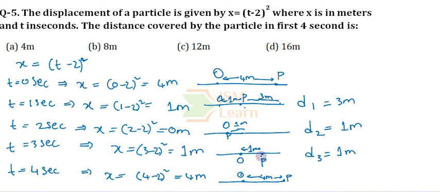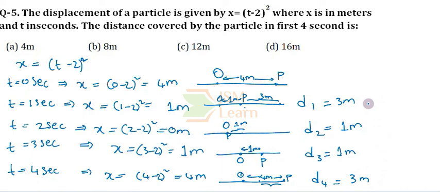You can imagine that before, the displacement of particle P with respect to point O was 1 meter, and now it is 4 meters. So obviously particle P has traveled 3 meters of distance to achieve this position. The distance traveled in the 4th second is 3 meters.